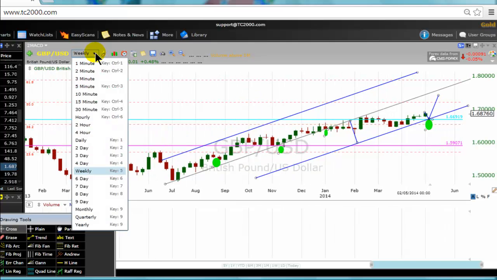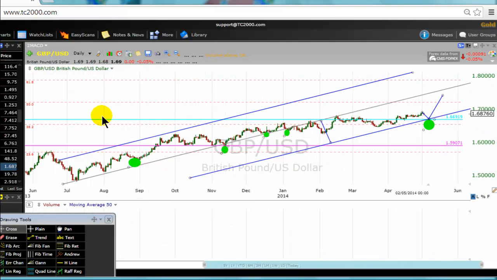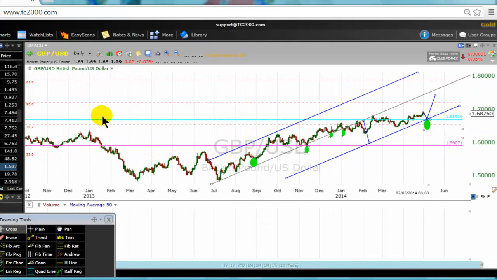I'm going to go back now to my daily chart. So when we are trading the pound-dollar currency pair, what are we doing? We are trying to compare the economy of the United States to the economy of Great Britain, all right? So if the economy of Great Britain is doing better than the economy of the US, we will be buying the pound-dollar currency pair, because it's a pair, a two-currency pair, all right?